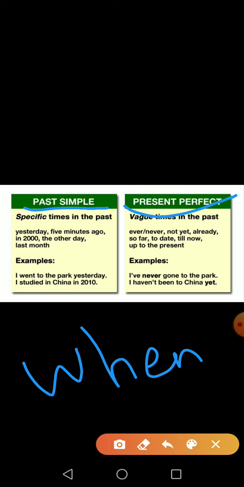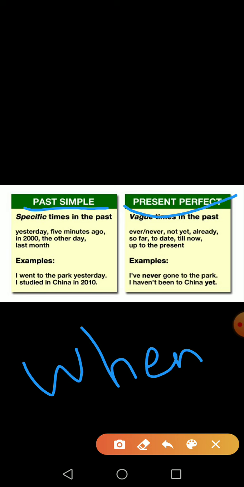Let's see the first example. I went to the park yesterday. If I ask you when, the answer is yesterday. I studied in China in 2010. If I ask you, when did you study in China? The answer is in 2010.